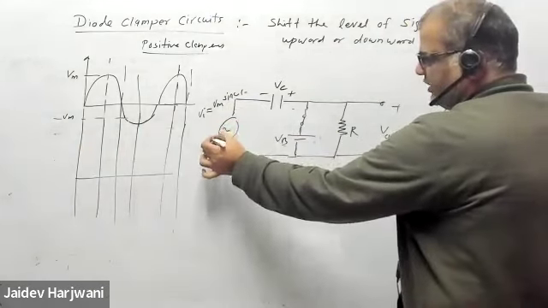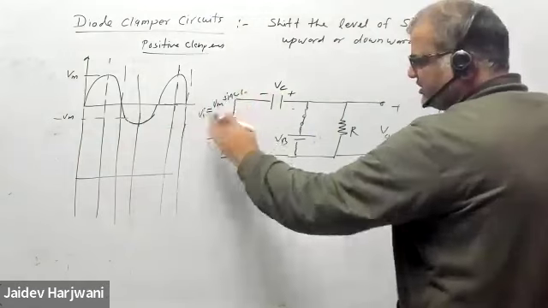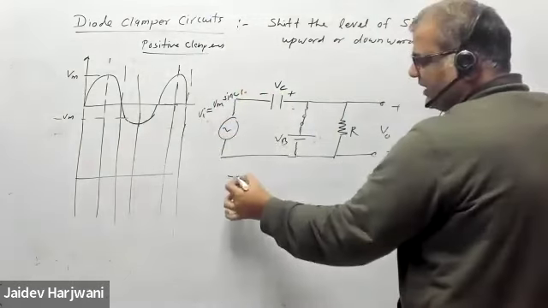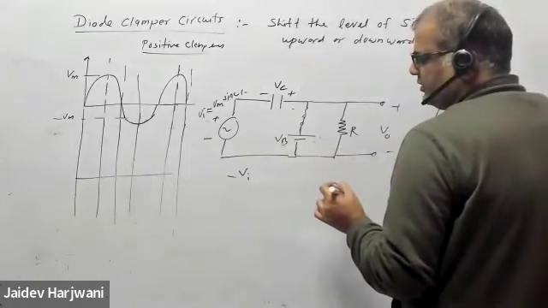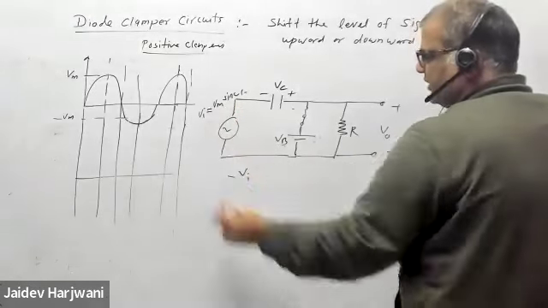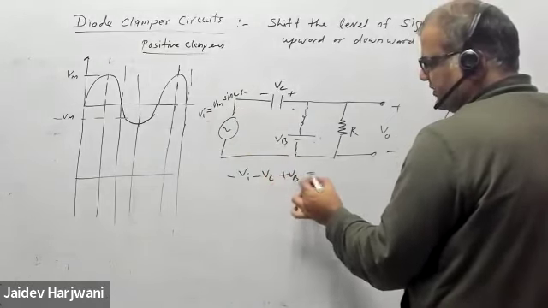I'm writing V input here. This is my minus plus. I'm putting a sine wave, but later we will change that. But I'm starting with minus V input. But it is a signal, so let me write minus V input minus VC plus VB equals 0.